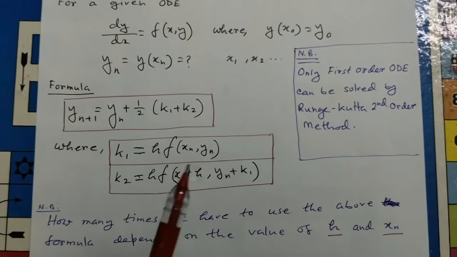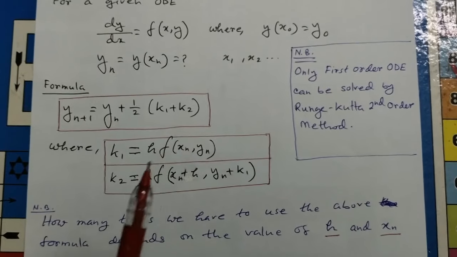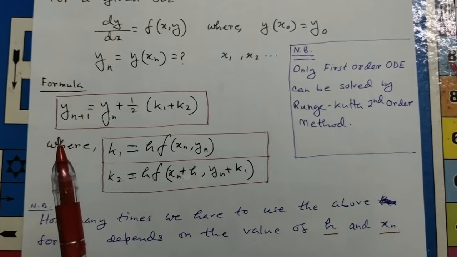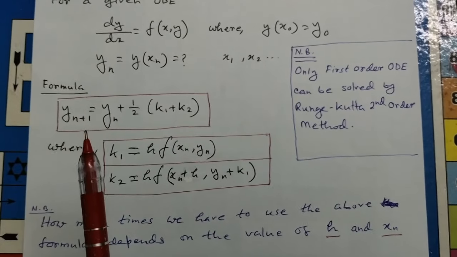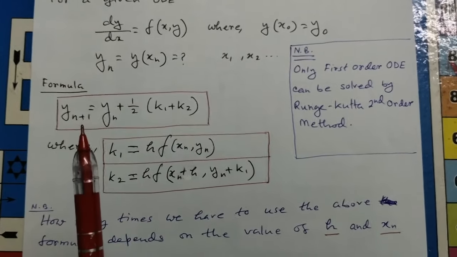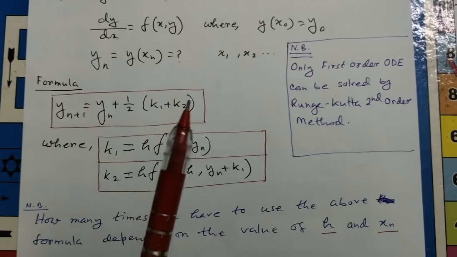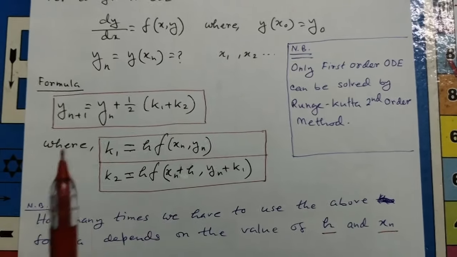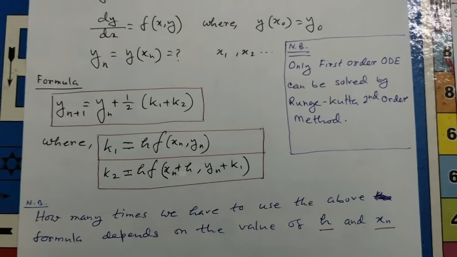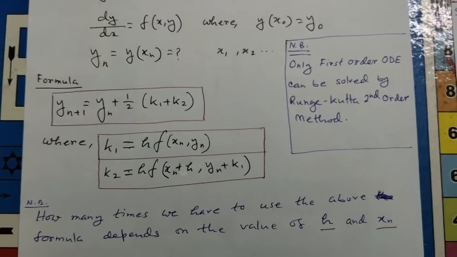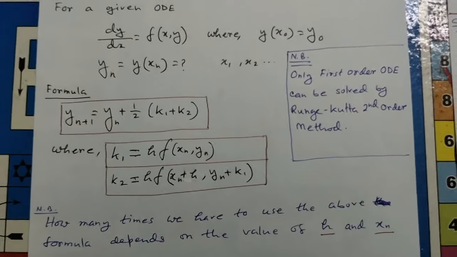Once we get the values of k1 and k2 and yn, it is easier to find y(n+1), because for finding y(n+1) we require all these values of yn, k1 and k2. n can be any value: 0, 1, 2, 3, 4, etc. It depends on the question how many times we have to take n.